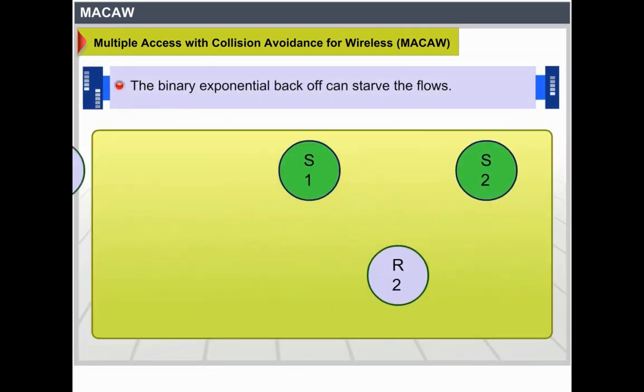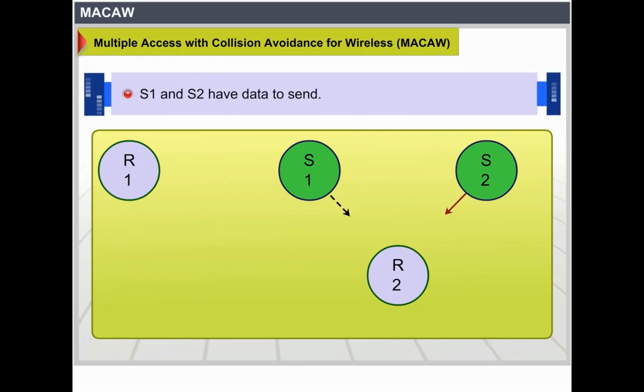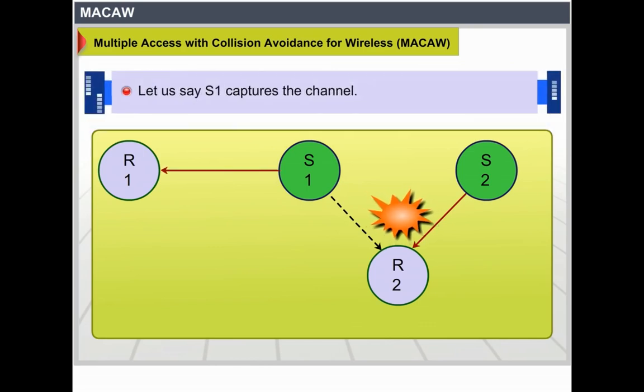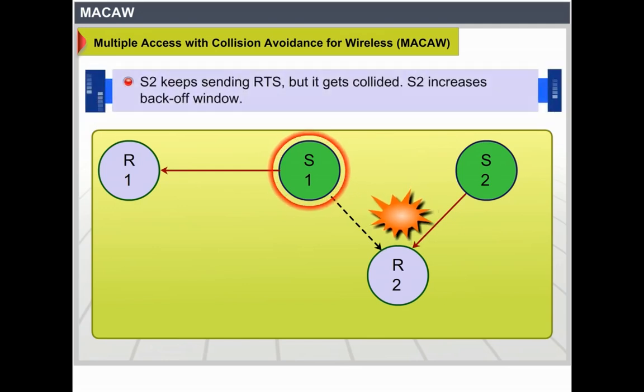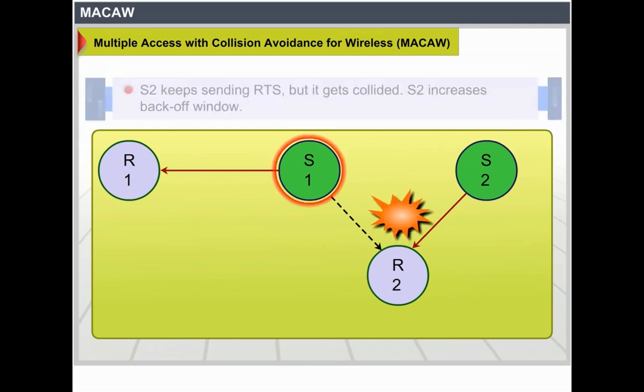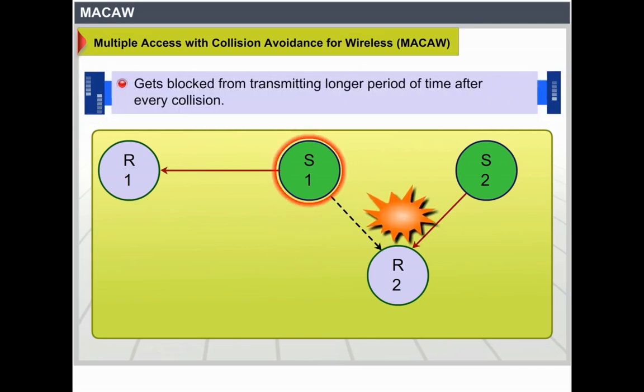The binary exponential backoff can starve the flows. S1 and S2 have data to send. Let us say S1 captures the channel. S2 keeps sending RTS, but it gets collided. S2 increases its backoff window and gets blocked from transmitting for a longer period of time after every collision.